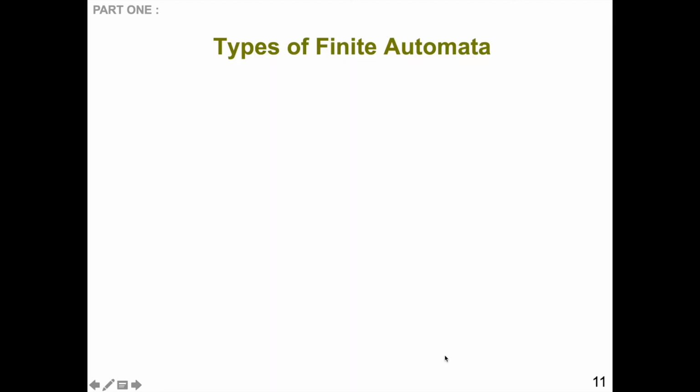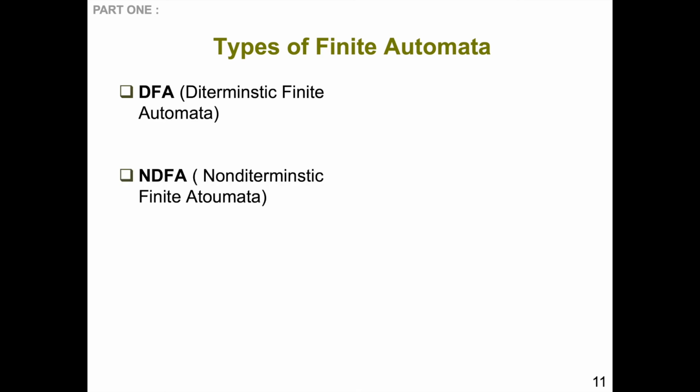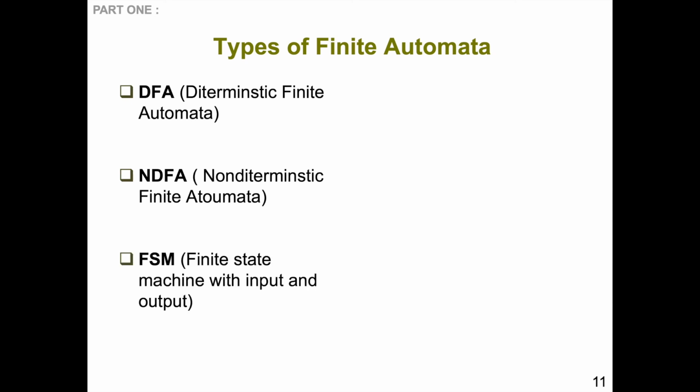Now, the types of finite automata can be divided into two main categories. First category is the machines that do not have an output, such as deterministic finite automata and non-deterministic finite automata. And we have the second type of machine, which has an output, like the finite state machine.